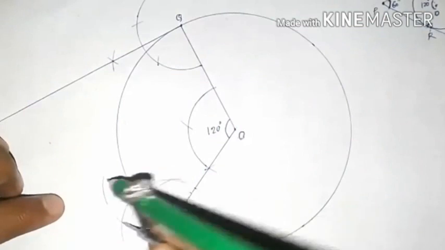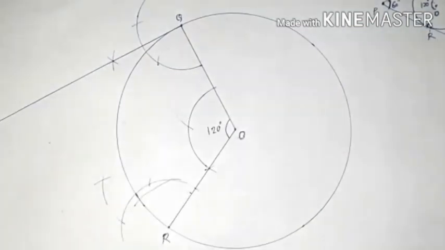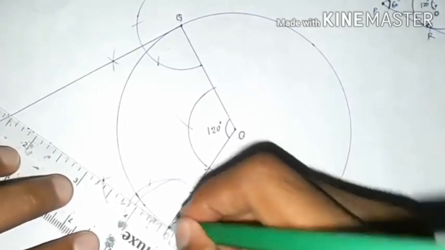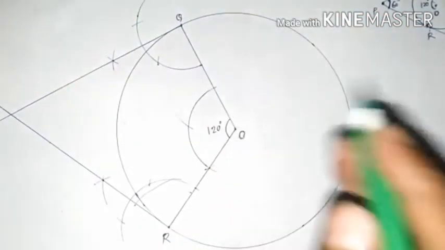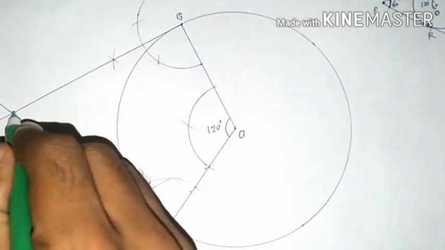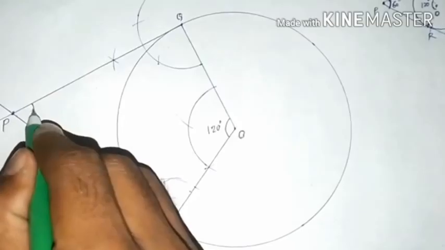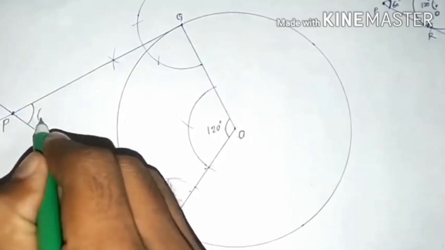Then again bisect that particular arc. By using the same radius you can bisect it. And join the point of intersection of that arc and the point R on the circumference, and extend. So from Q and R the tangents are there and they meet at the point P. At P we have already calculated the angle is 60 degrees.